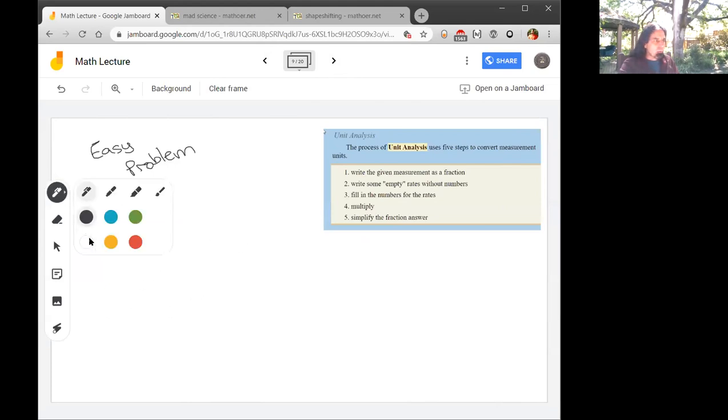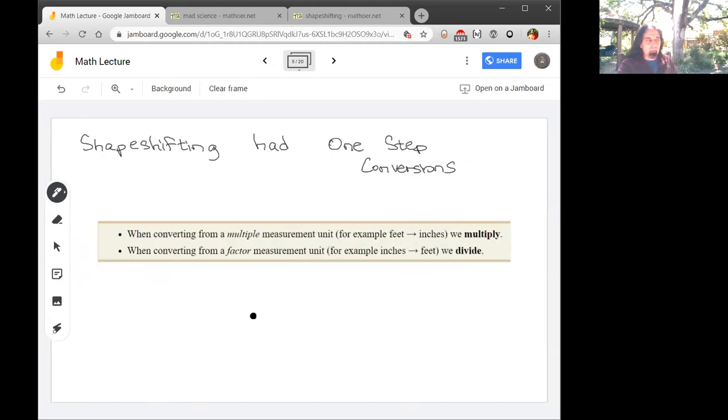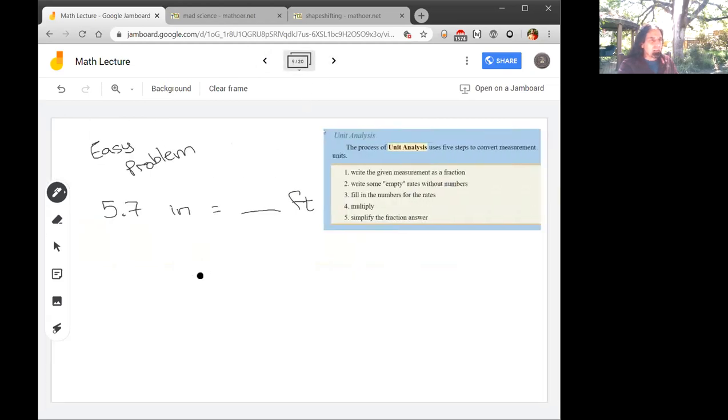So my problem will be, how about 5.7 inches is how many feet? So using our previous lesson, are we going to multiply by 12 or divide by 12 when going from inches to feet?